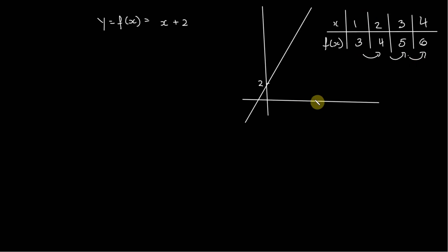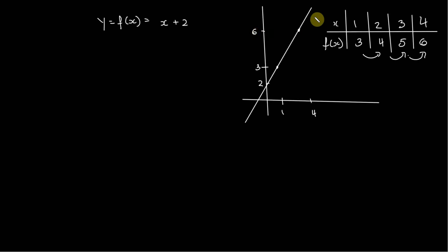So you would have the point when x is 1, y is 3, so you could have a point there. And when x is, say, 4, y is going to be 6, right?